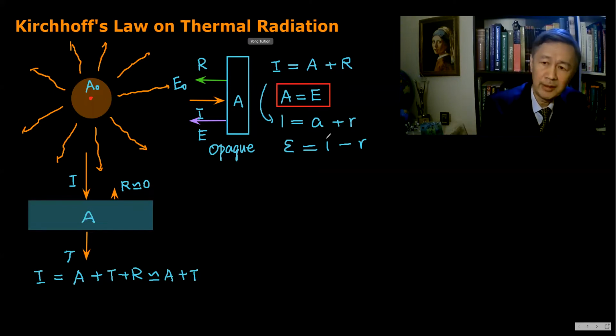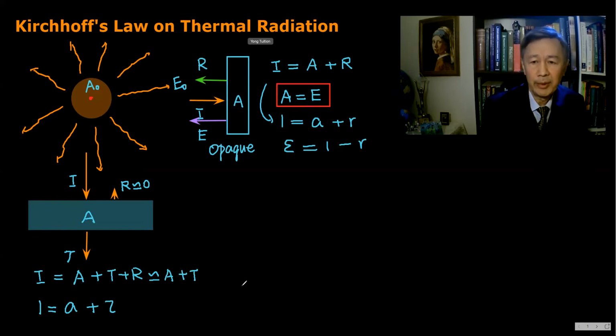Now, use the same notation and work out the coefficients. Then we get 1 equal to alpha plus tau. So in this way we get a similar graph, by invoking Kirchhoff's law, that is, the coefficient of absorption is equal to the coefficient of emission.